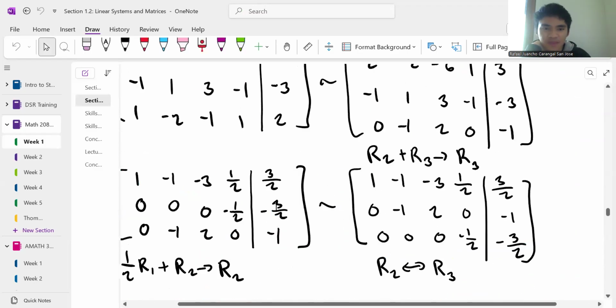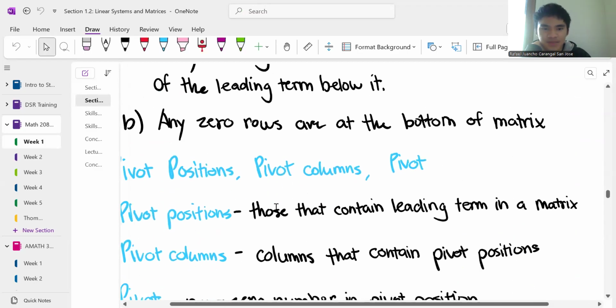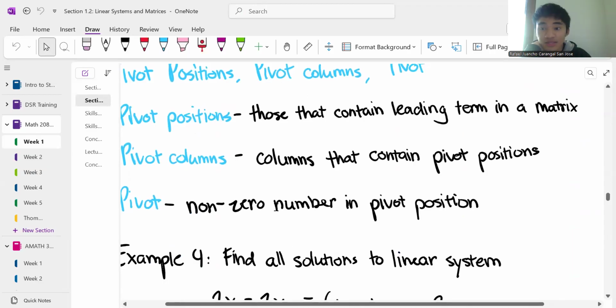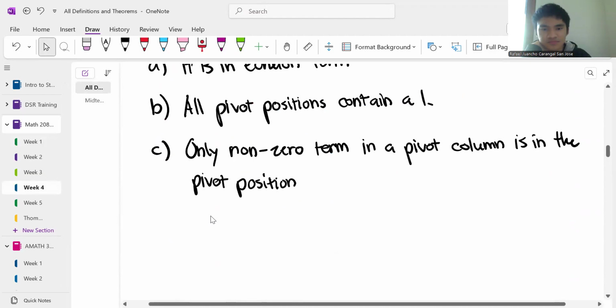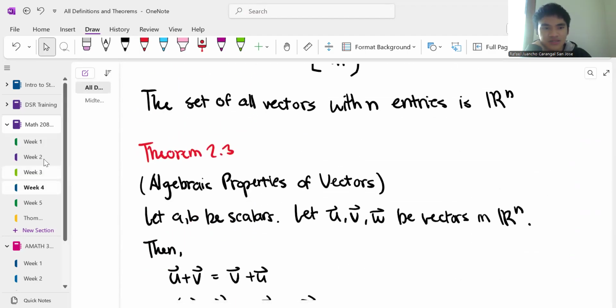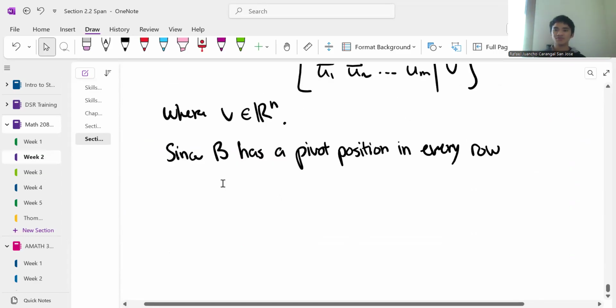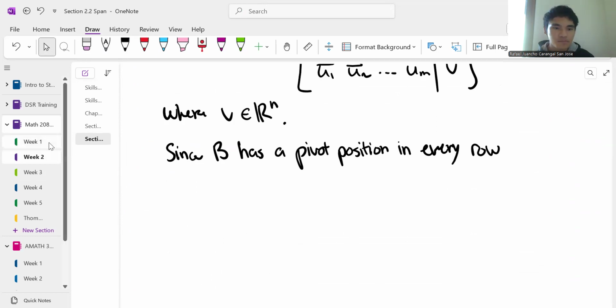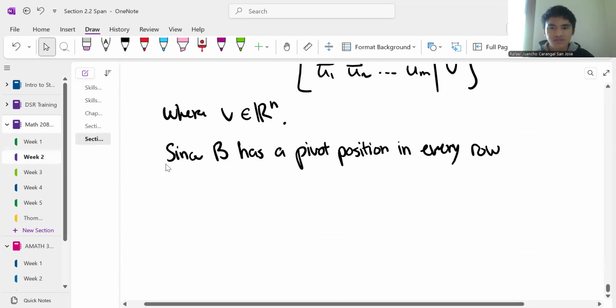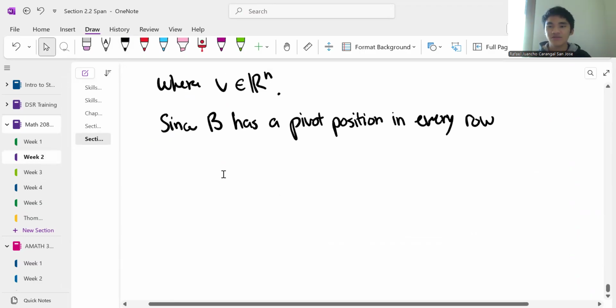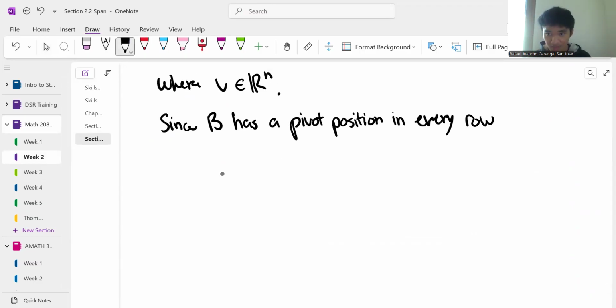Pivot. Okay, it's here. Contain leading term in a matrix. Okay, let's see. So it's telling us that since B has a pivot position or a leading term in a matrix, it has a leading term in every row. That's what it's saying.